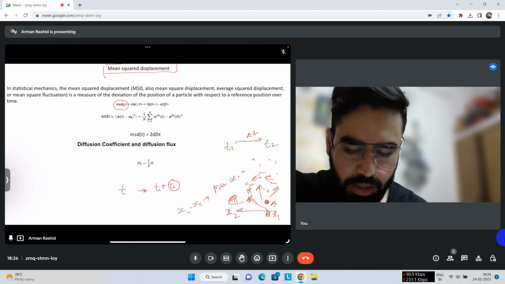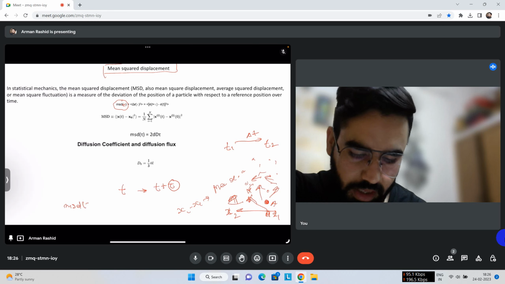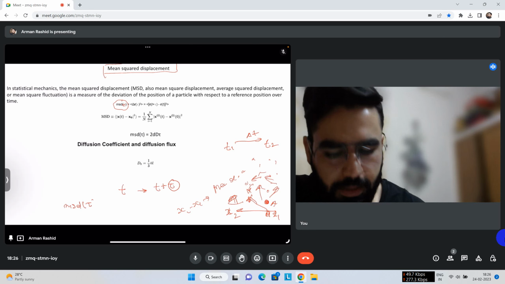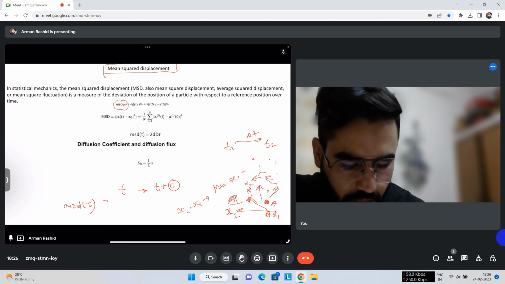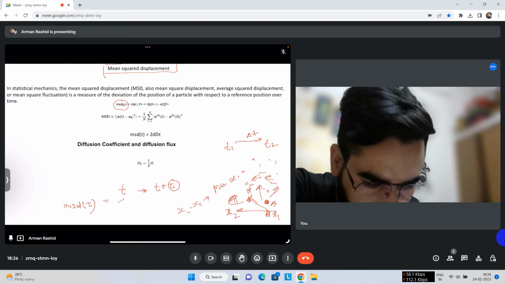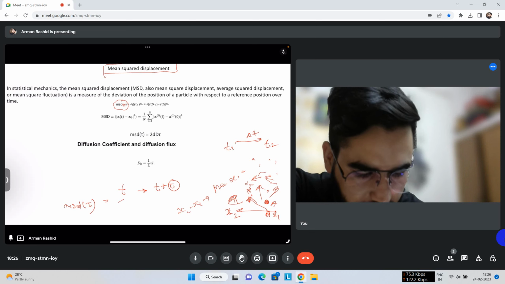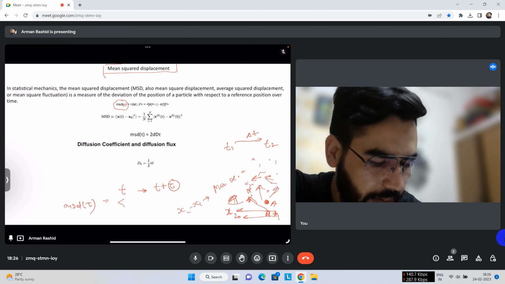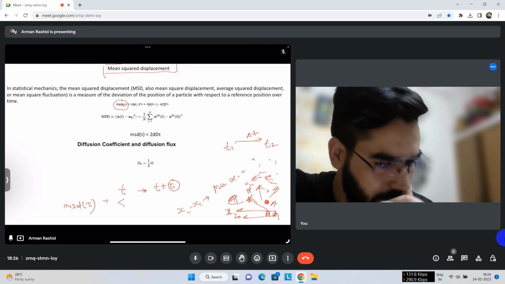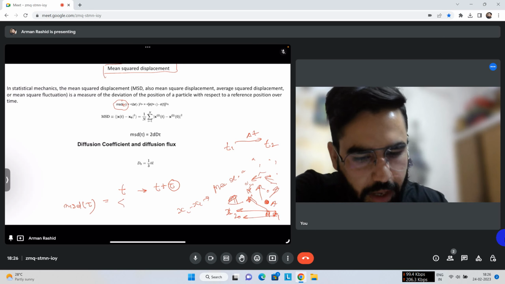So the mean square displacement of any particle in a time period tau will be equivalent to the mean square of the displacement between the initial position and the present position over time. This is for a particular particle.